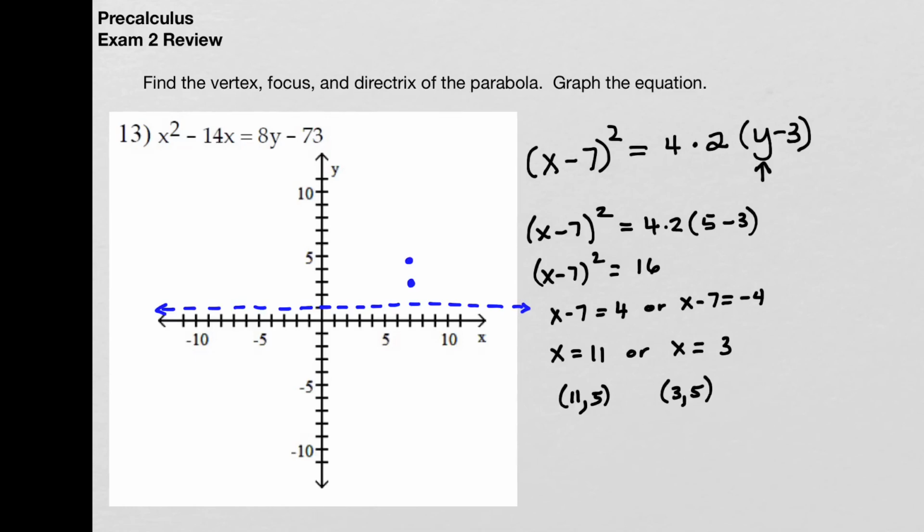So let's go ahead and graph those. And now I can sketch my parabola, and this is all the accuracy I'm looking for here. I have these latus rectum points, I have the vertex, and that gives me a nice parabola, and I am done.